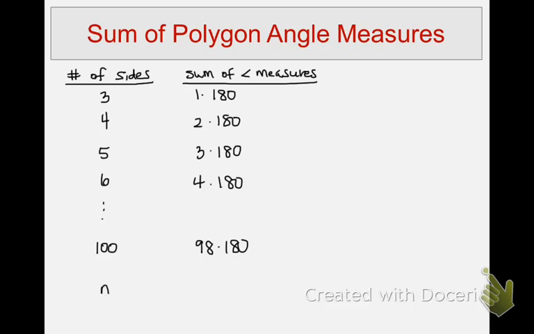If you have n number of sides, how are you going to find the angle sum? You're going to take the number of sides minus 2. Very good. Whatever that is, you're going to multiply it by 180. That's your pattern, right? That's going to give you the total of the angle measures inside.